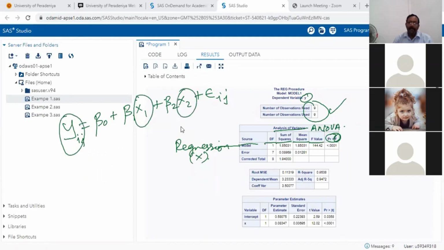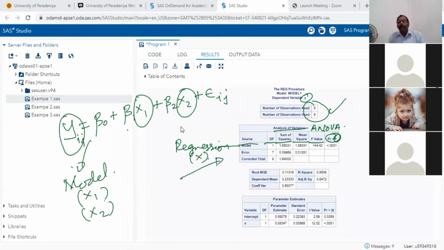There are two independent variables. So 3 variables are there. That is why it is giving a model. In this case, it will give as a model the source of variance, which indicates our X1 and X2. But in our case, we don't have other than one X variable as the independent variable.